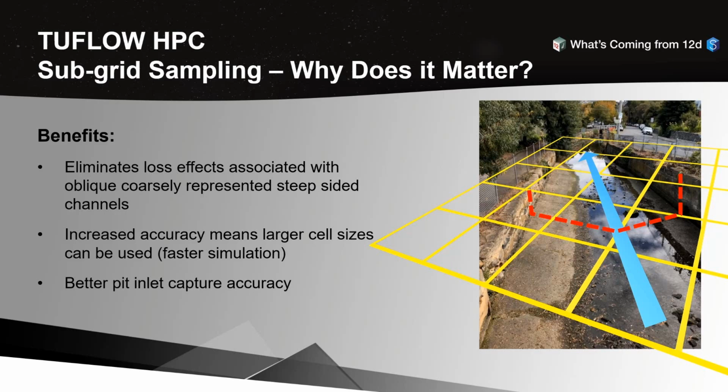And using a larger cell size means that you require fewer cells in total and faster simulation speeds. Also in the urban setting, this new approach picks up the depth information at your pit inlets a whole lot more accurately, and therefore means your pipe network modelling will be more accurate too.